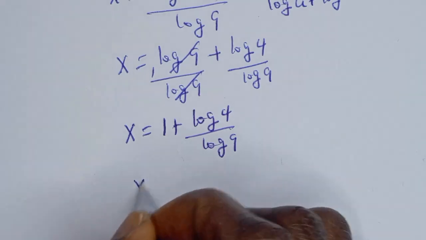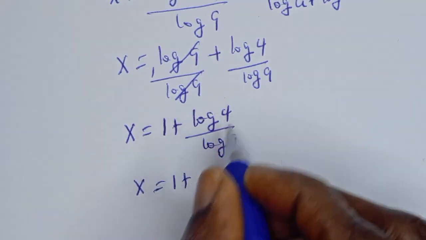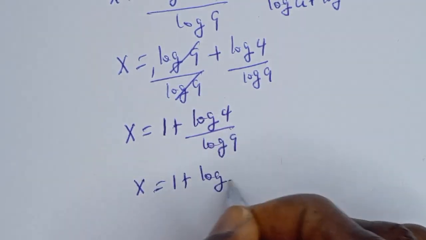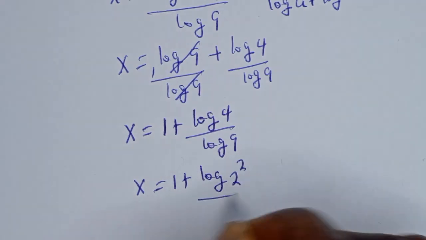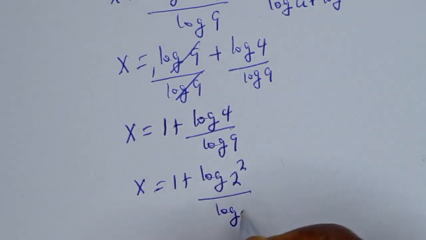Now S is equal to 1 plus log 4 can be written as log 2 square divided by log 9 can be written as log 3 square.